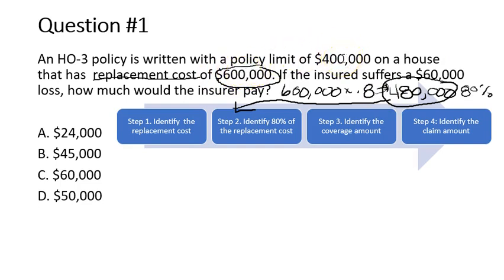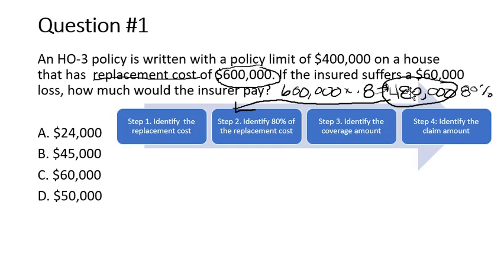So if the amount was $400,000 and 80% of $600,000 is $480,000, this tells me he was not insuring his property for adequate coverage.